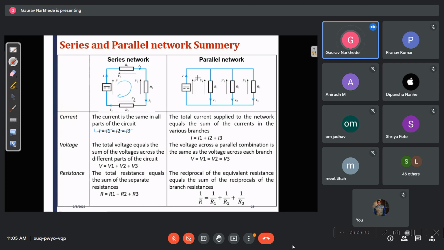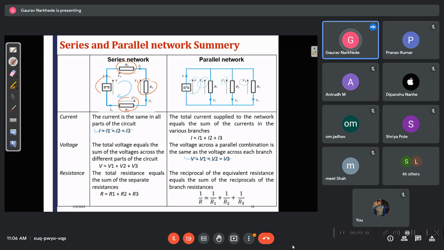And here, voltage is same in parallel: V1 is equal to V2 is equal to V3. Now, what about voltages in series? VR1, VR2, VR3, right?